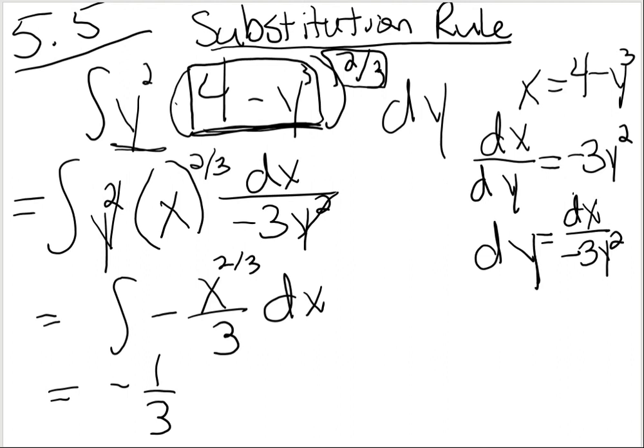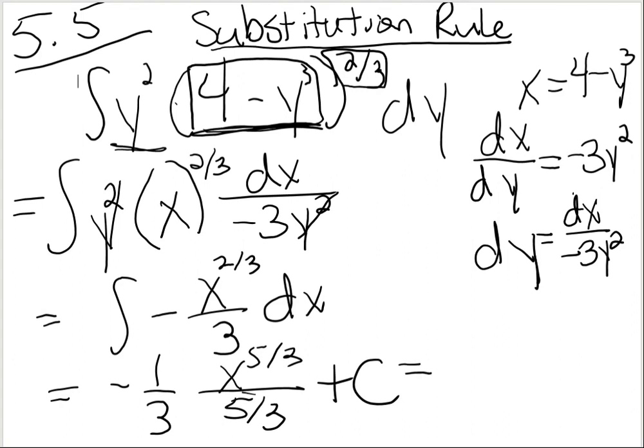So the negative 1/3 pulls through. You integrate x to the 2/3 dx. That's going to be, you add 1 first, and then you divide by the new exponent. But dividing by a fraction is the same as multiplying by the reciprocal. So you multiply by 3/5 times negative 1/3, and you'll get negative 1/5 x to the 5/3 plus c.